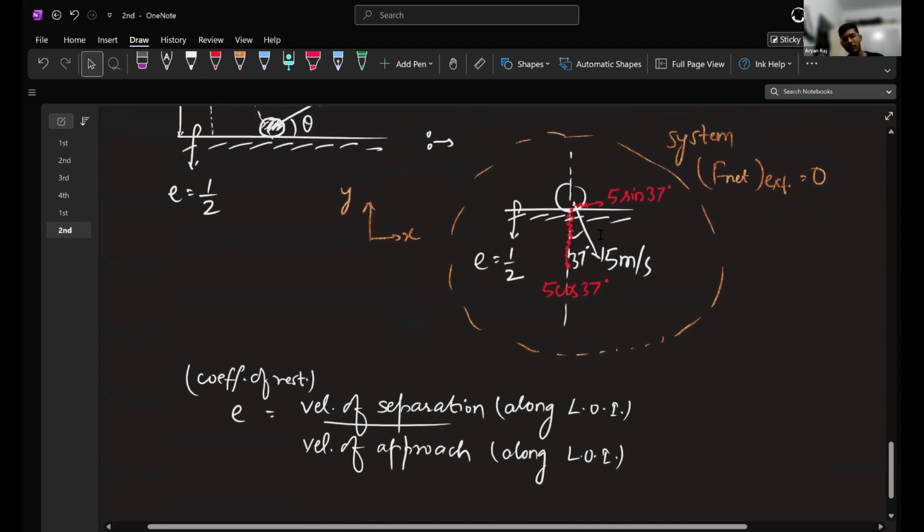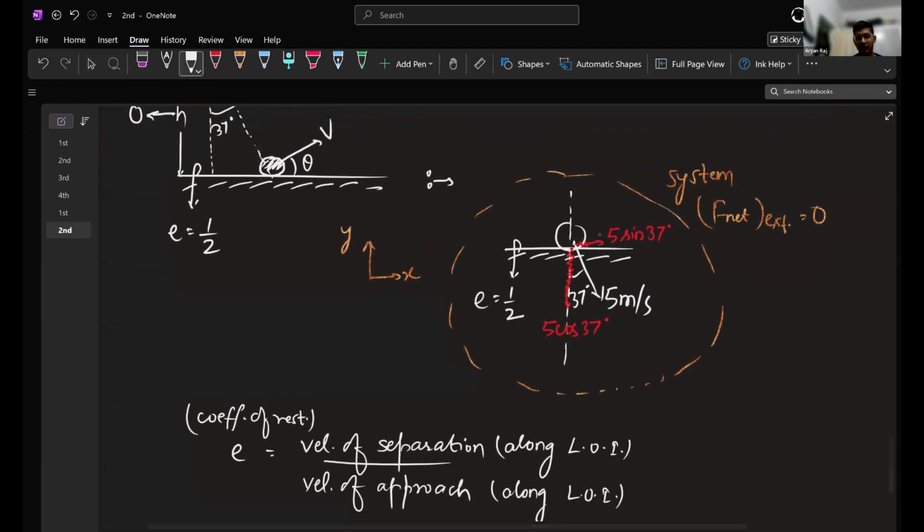That is why I have made parts in terms of components. Now, the formula requires the line of impact. But here, this is the velocity and this is the line of impact. The line of impact between a ground and a particle is always perpendicular to the ground. Let me write this here.